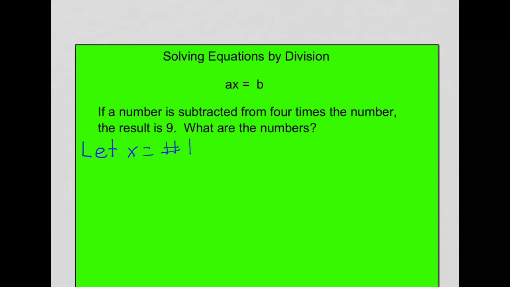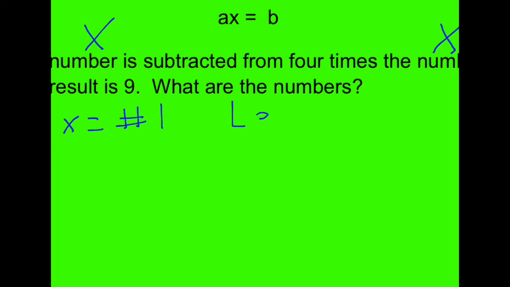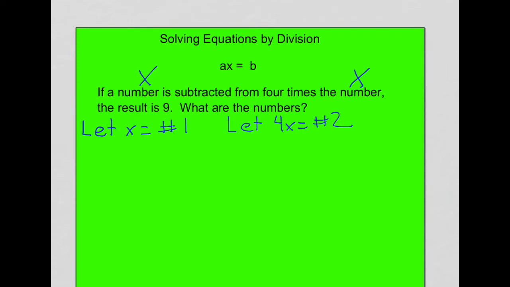If a number is subtracted from 4 times the number, we said the number is x, and now we have another number that we're going to call 4 times the number. Well, we've already called the number x, so our other number has to be 4 times x. So we're going to say let 4x equal number 2. So one of our unknown numbers is x, and the other one is 4 times x.